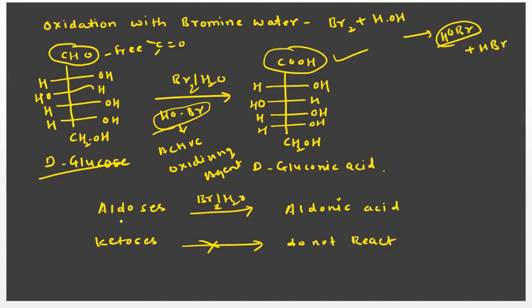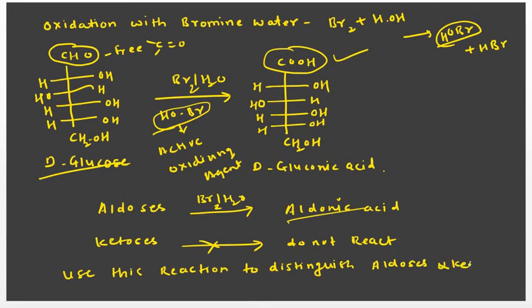So we can say that aldoses can be oxidized by using bromine in water to form the corresponding aldonic acid, but ketoses do not react with bromine in water. So we can use this reaction to distinguish aldoses and ketoses. Remember, okay.